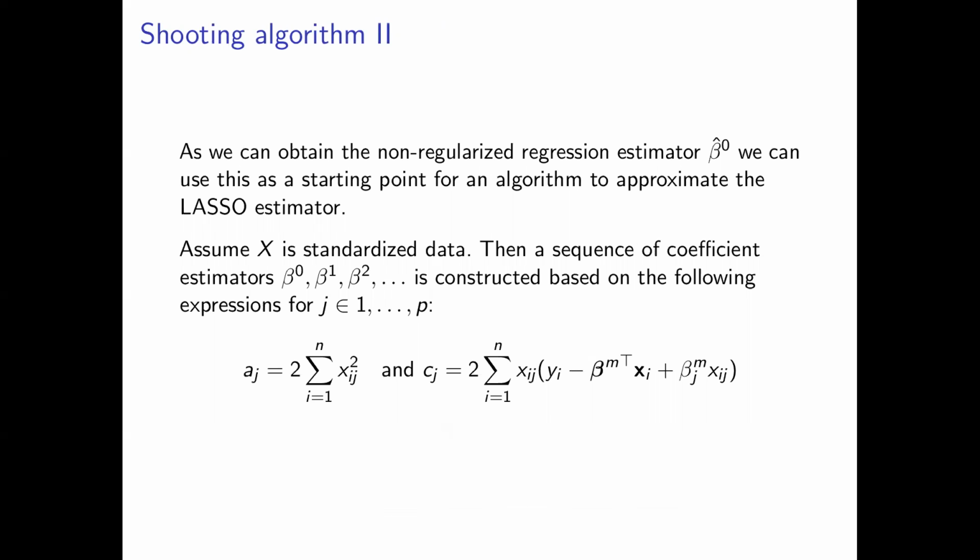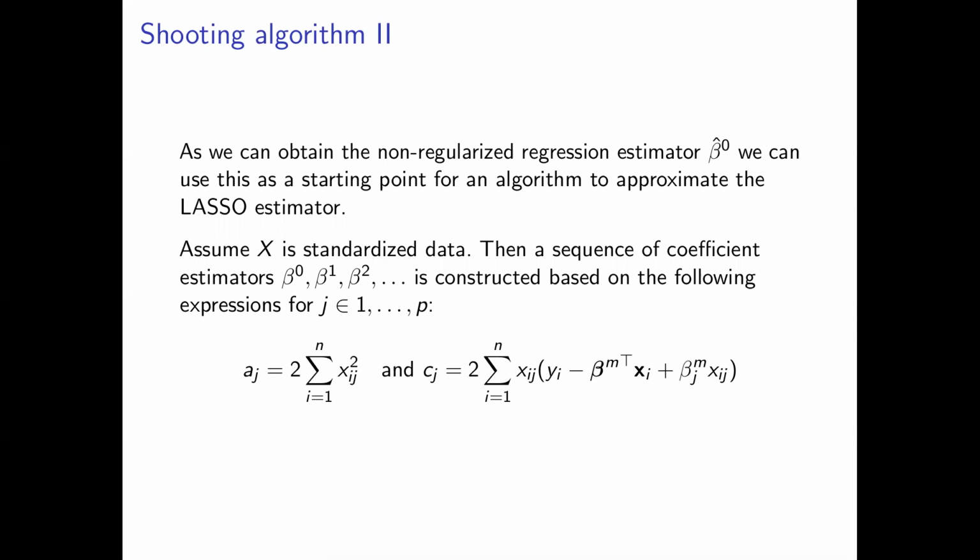The second algorithm for this is the shooting algorithm. We can obtain the non-regularized regression estimator, of course, in every case. This is the beta zero hat. And we will use this classical OLS estimator as the starting point for our algorithm to estimate the lasso.